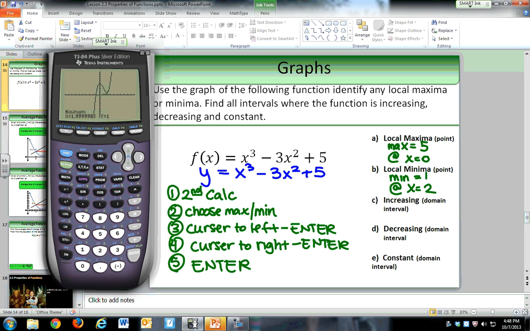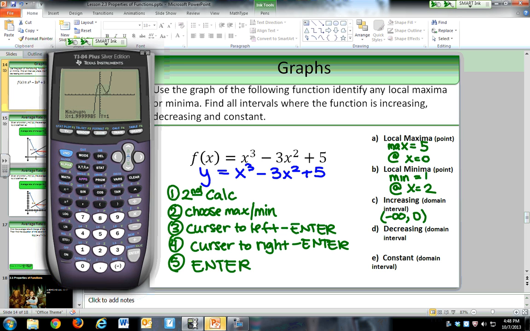Going from left to right, it starts by increasing from negative infinity and ends at the maximum point. My local max occurred at 0, so it's increasing from negative infinity to 0.